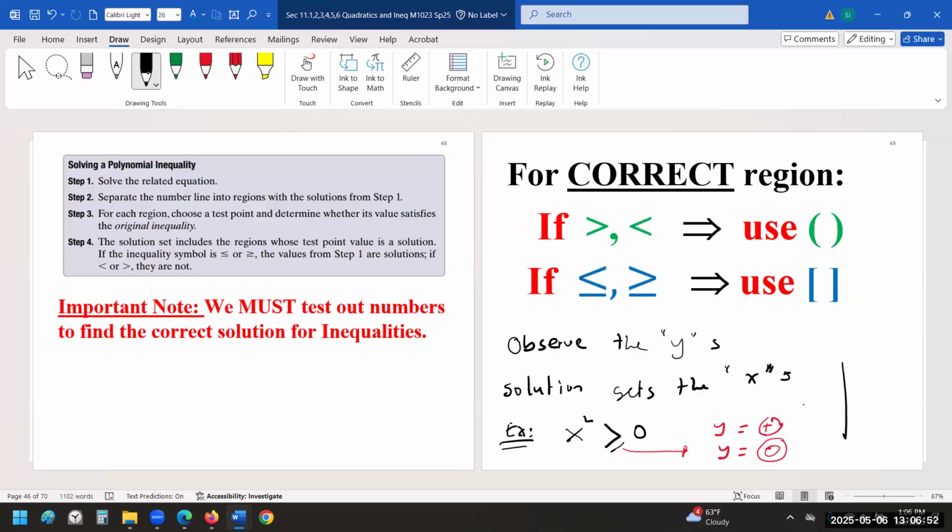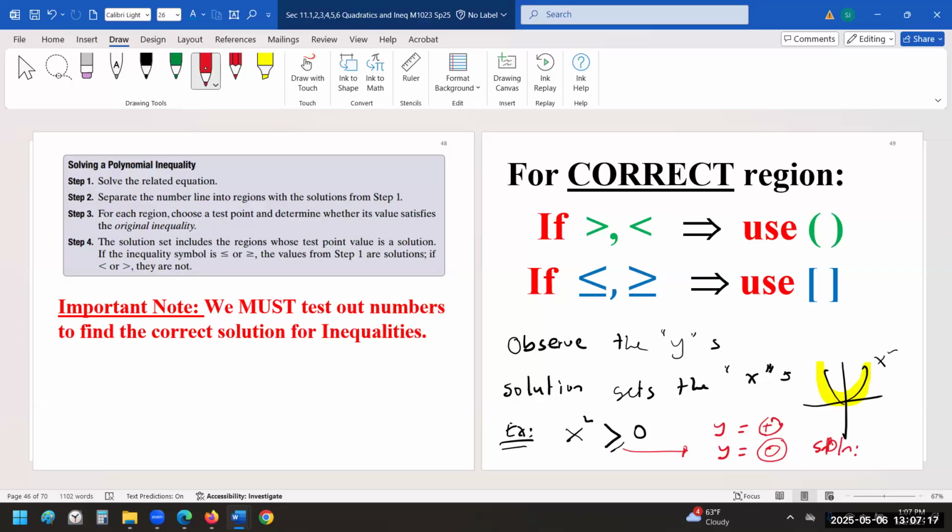interval. Example, y equals x squared is this graph, and this graph is positive or 0 everywhere. It's positive everywhere, 0 at the origin. So the solution for these y's are the x values.